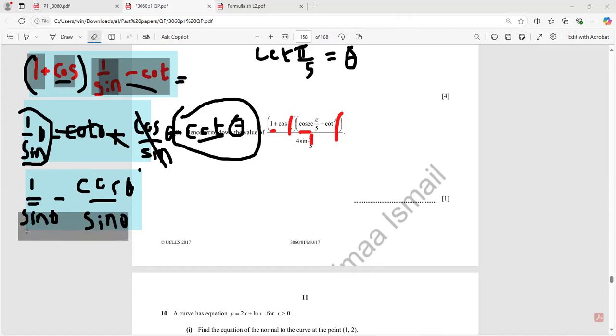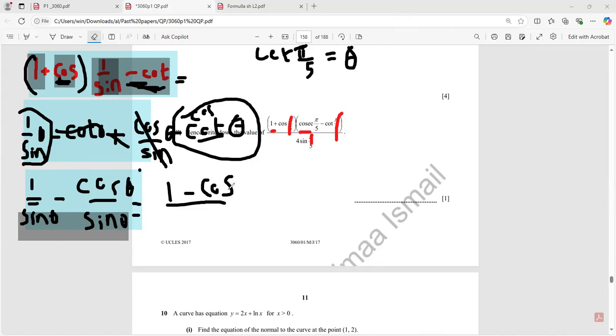So we can say that's 1 minus cosine, which equals 1 minus cosine over... here is cosine multiplied by cot, which is cot cosine. Yes, cot multiplied by cosine here. This must be squared. So here, cosine cot.